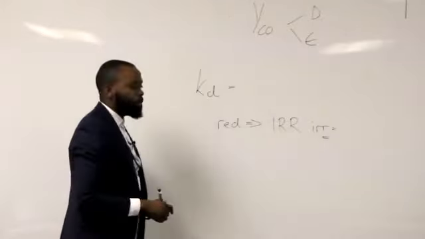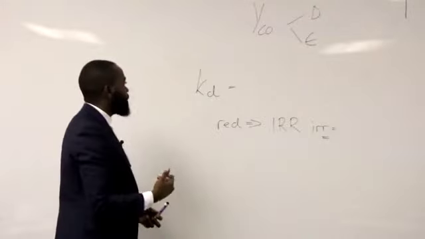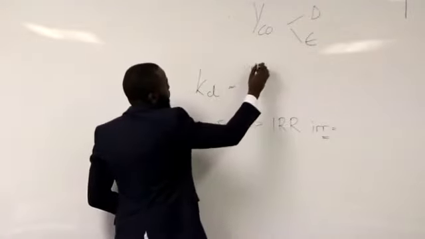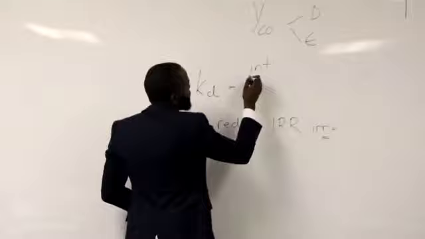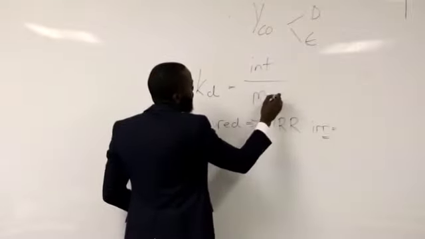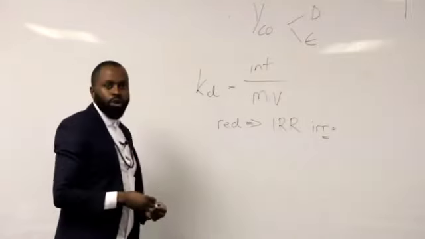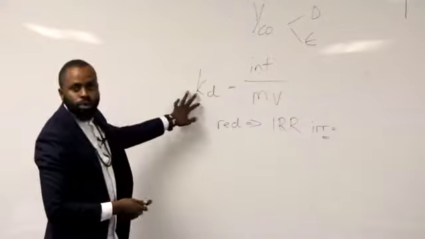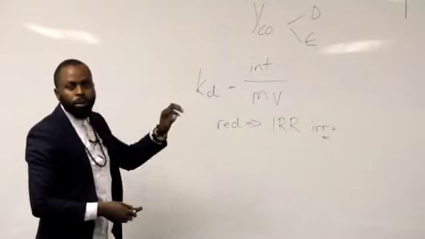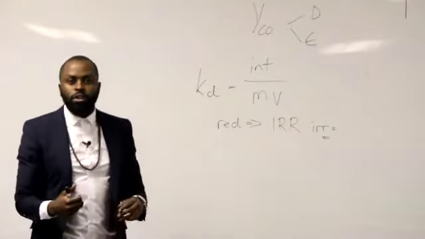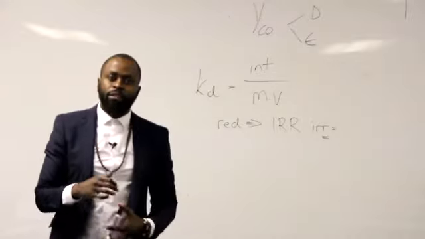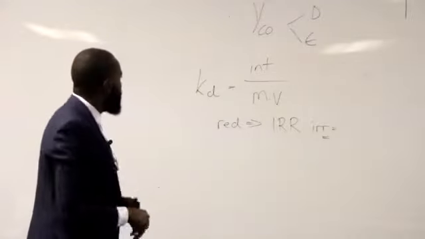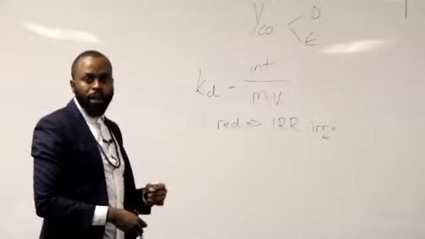If our debt is irredeemable and we're going to pay interest in perpetuity, then our formula is interest over the market value. This is the same formula as what we use when we calculate cost of equity. They're all based on the perpetuity formula. The concept on the cost of equity is saying we're assuming that dividends are going to be paid in perpetuity, so we took the dividends divided by market value.